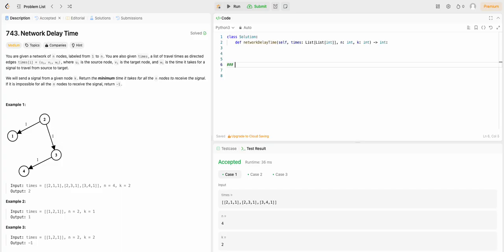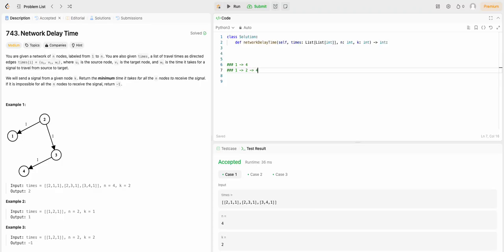So, for example, if we are taking a path from 1 to 4, then we could take the path from 1 to 0 or 1 to 2 and 1 to 4.